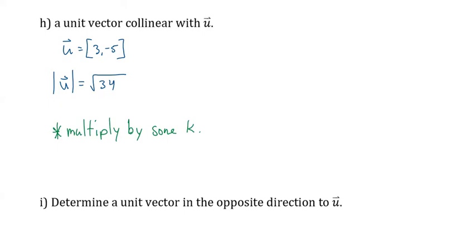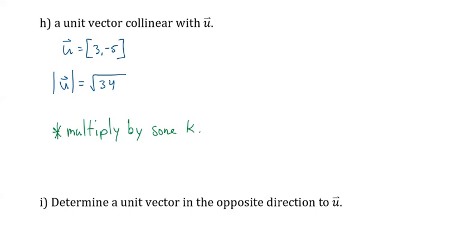u does not have a magnitude of 1. It has a magnitude of root 34. So it turns out, in order to do this, our k value is going to be 1 over the magnitude. Always 1 over the magnitude.